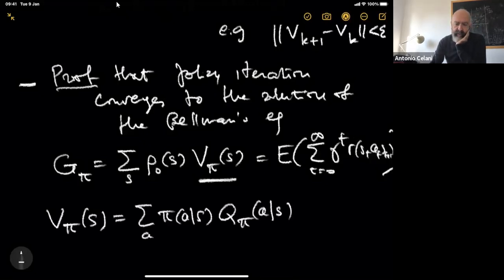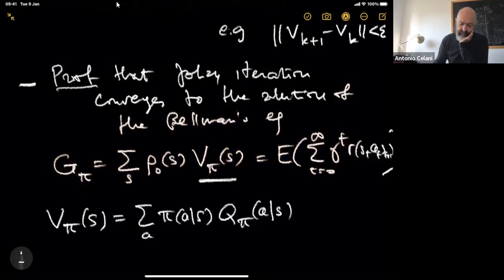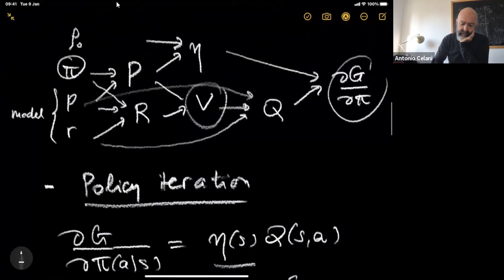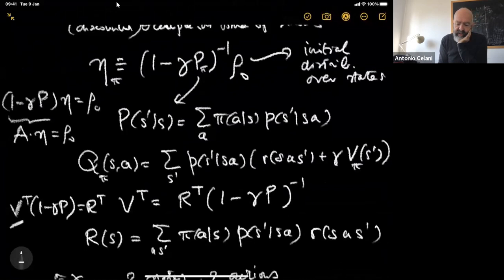Let's go up a little bit to the definition. So sorry, okay? So this object here is the definition of Q. And if you sum over the policy on both sides and perform the summation, you realize that you find back again your iteration formula here.